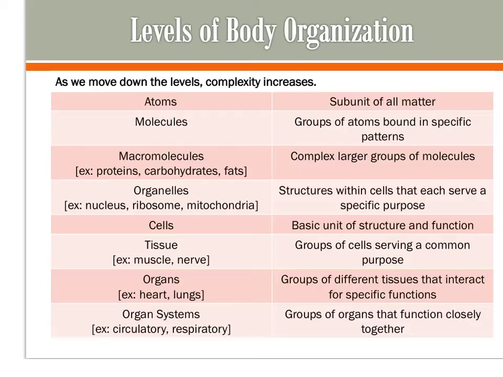I'm hoping this term sounds familiar from biology sophomore year. Organelles are found within cells, and this is really where we're going to spend the majority of our year. We're looking at how cells make up tissues, like muscle and nerves, how tissue makes up organs, like hearts and lungs, and how organs are involved in organ systems that have a large job in each body.